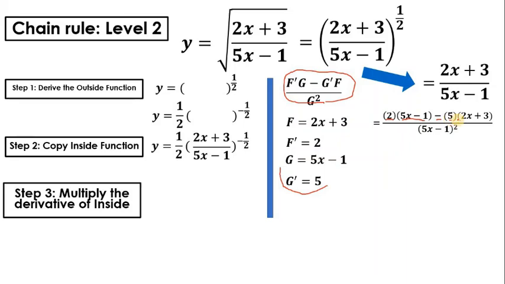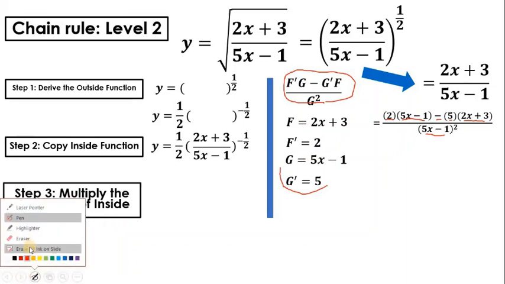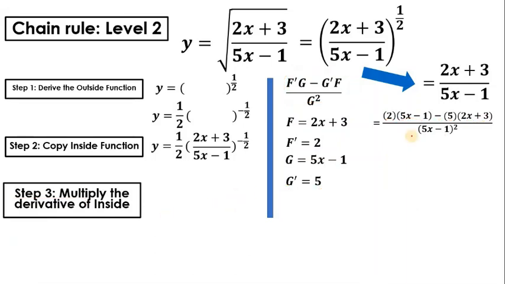Your g prime is 5 multiplied to f, your numerator, that is 2x plus 3. And in your denominator, you have to square your g. Your g here is 5x minus 1, and you have to put squared. So that's how you do it, by substituting in the quotient rule. I know that you already know that by learning the quotient rule in my previous video. So we are done substituting in the quotient rule.